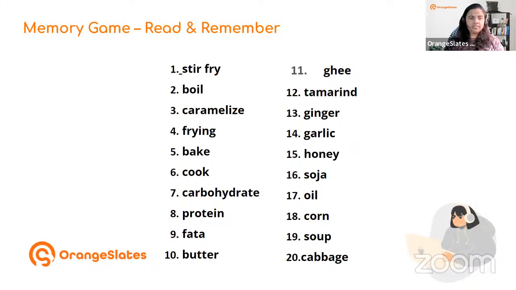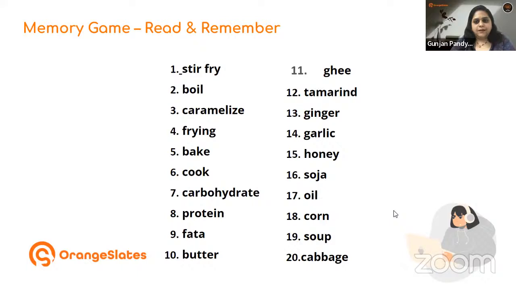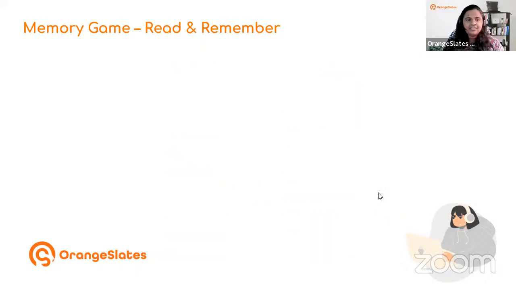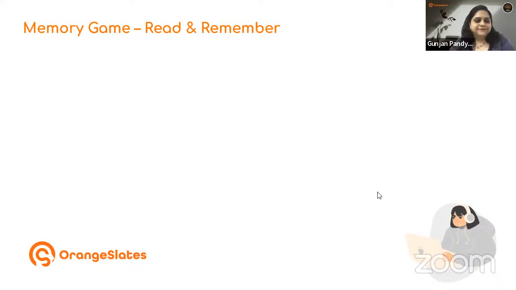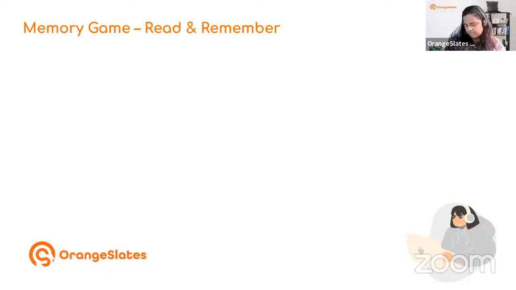Done? Yes, I guess. Now you write it down. Bake, cook, grind, carbohydrate, protein, fats, ghee, oil, tamarind, garlic, ginger.